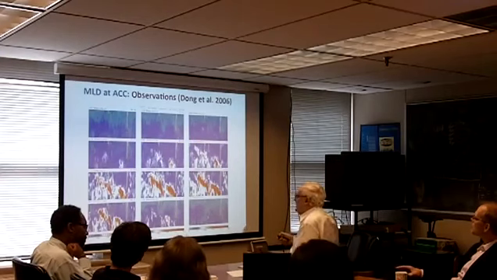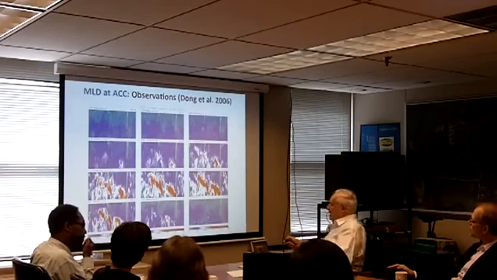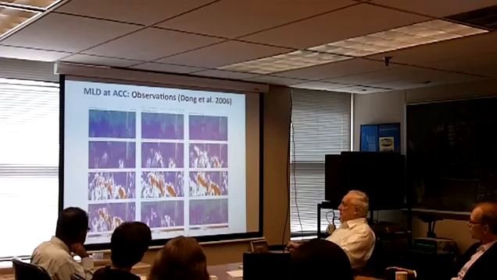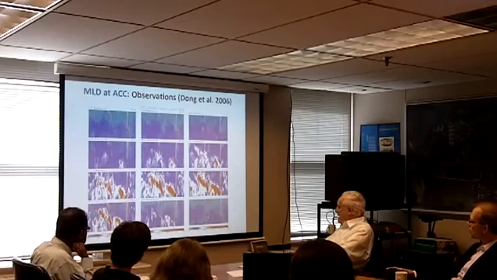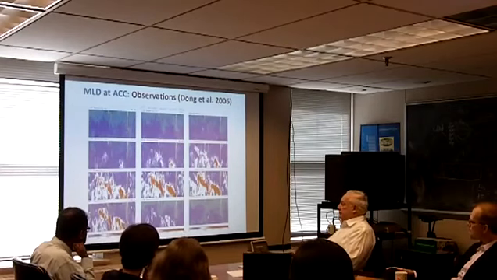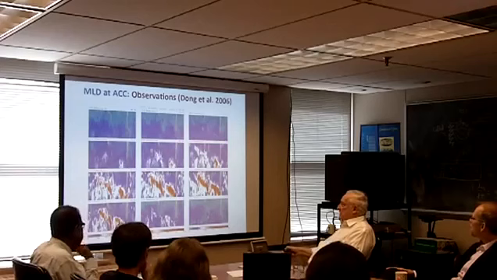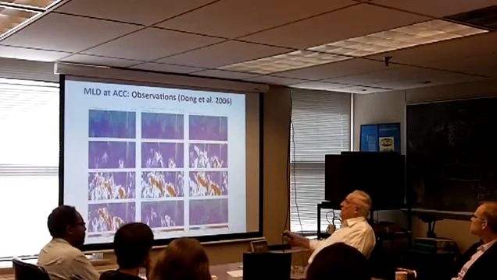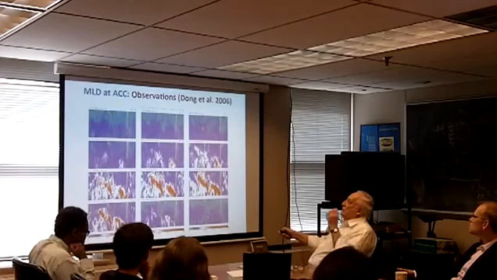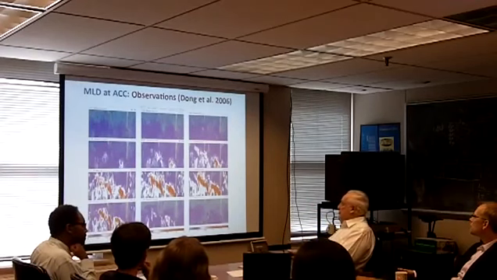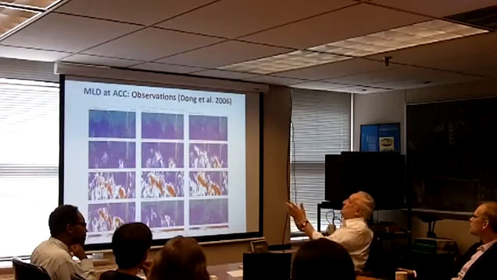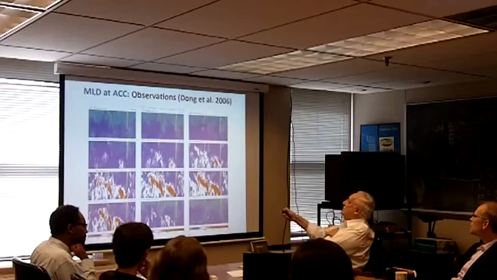So if you go in their winter, which starts in July, August, September, you see the mixed layer reaches values of 400 meters, easily. Whereas if you go in January or February, which is their summer, of course, the mixed layer is not that deep. It's 100 meters or so. So these are the observations. That's what we have.